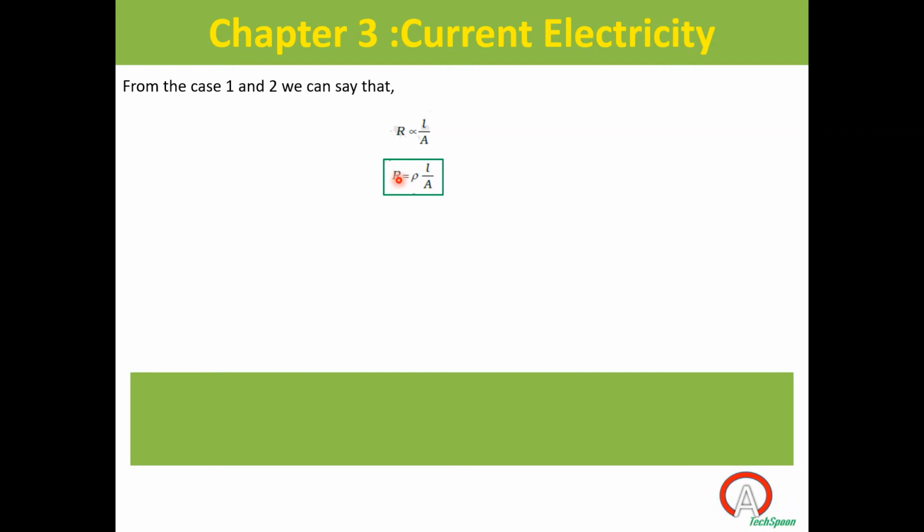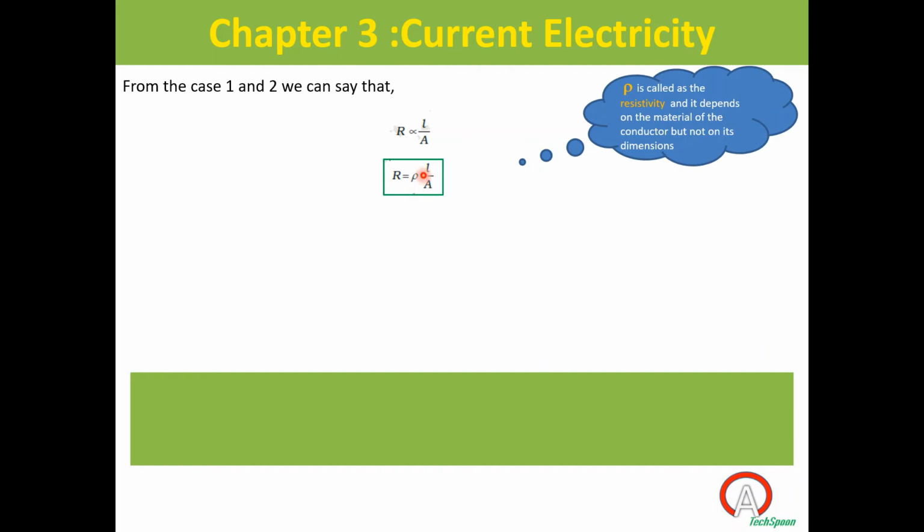So R is equal to rho into L by A, where rho is called the resistivity of the conductor.